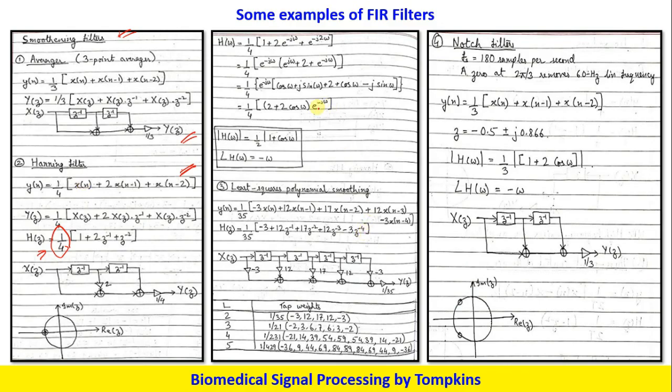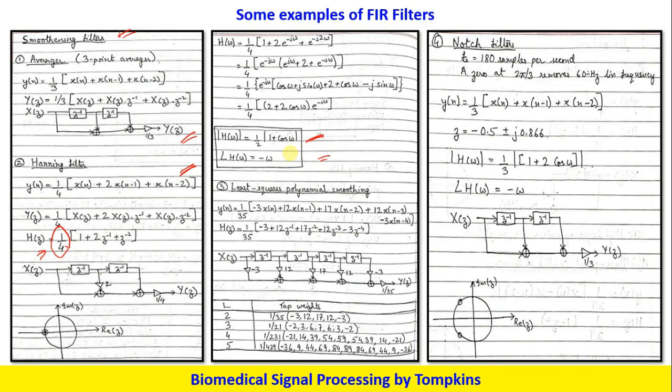Again, you can find out the amplitude response and the phase response of the filter. If I say 0, pi by 4, pi by 2, 3 pi by 4, pi, you just have to put the values of omega and find out the amplitude response and the phase response.